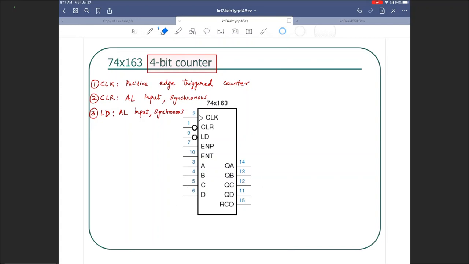So I can write that this is load, and it is used to, so maybe in red I can say, used to load an arbitrary counter value.